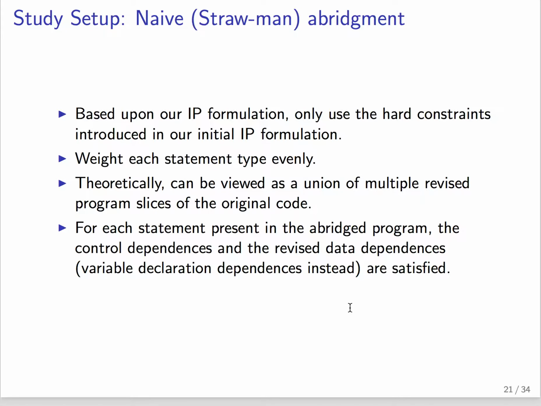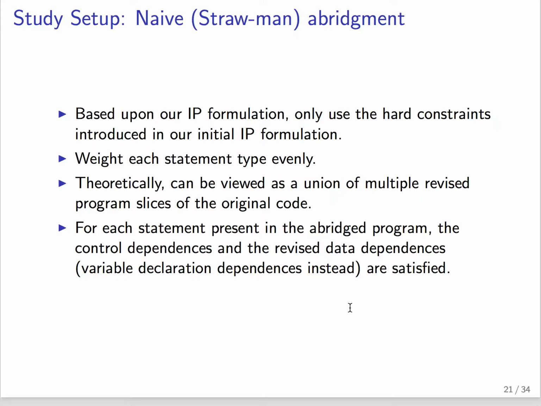So again, we also define a strawman abridgment, where we use our IP formalization, and we do not consider any features. We just let the IP solver randomly throw a couple of statements away, so that the program will satisfy the line count constraint.